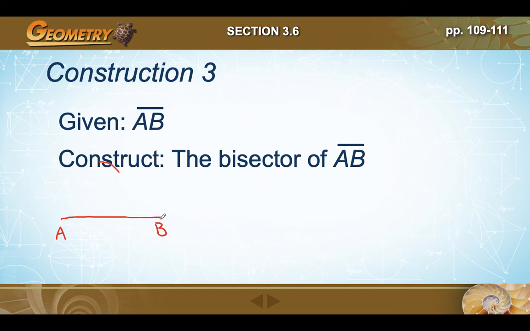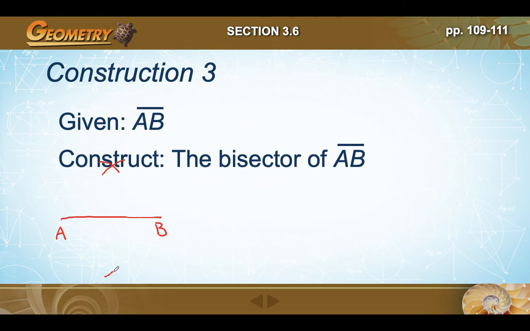You'll do the same thing over here, put the pointy edge right here on point B, and with the pencil you should be able to draw another arc that will intersect the other arc.